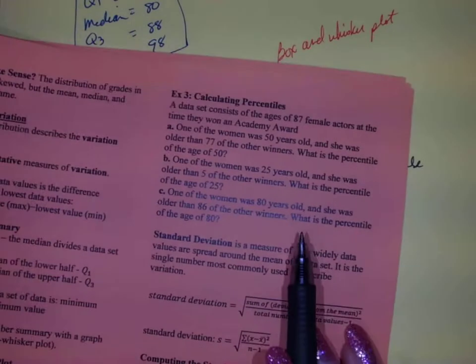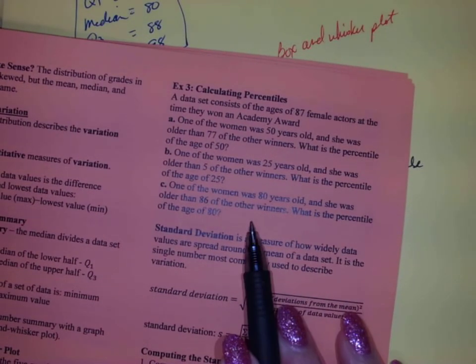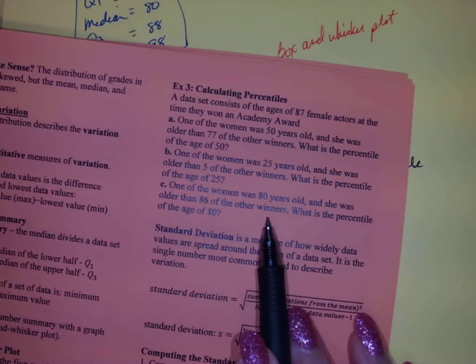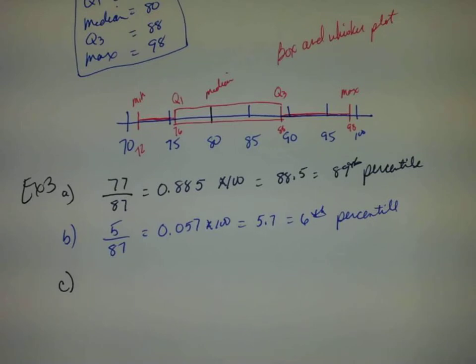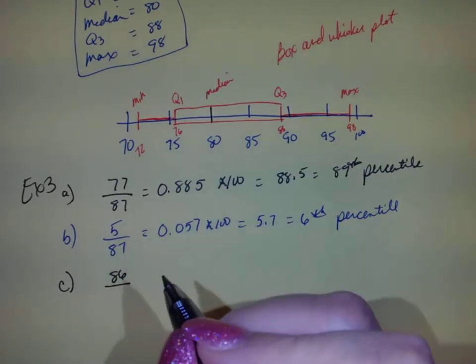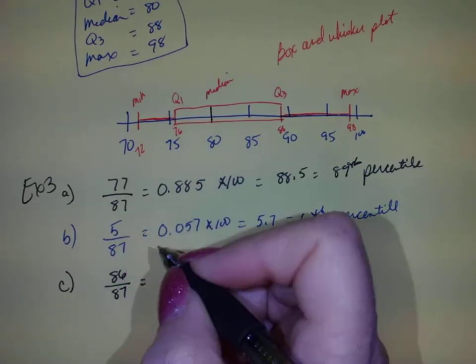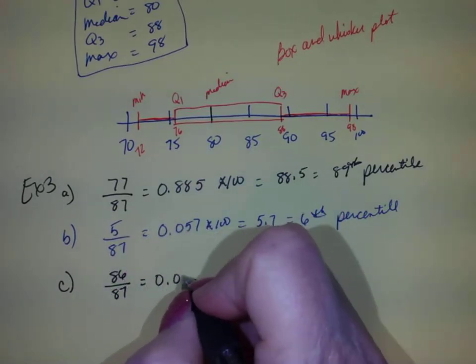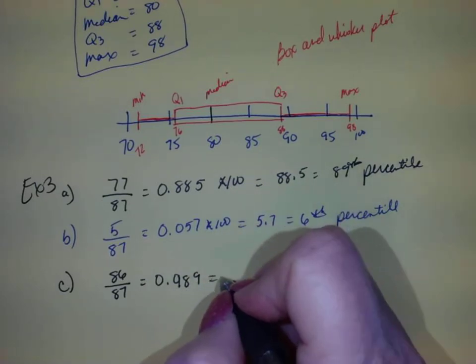All right, one of the women was 80 years old, and she was older than 86 of the other winners. What is the percentile of the age of 80? All right, so she was older than 86 out of 87, which will get us 0.989.